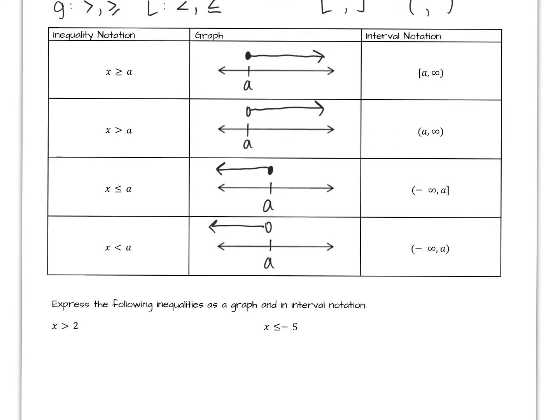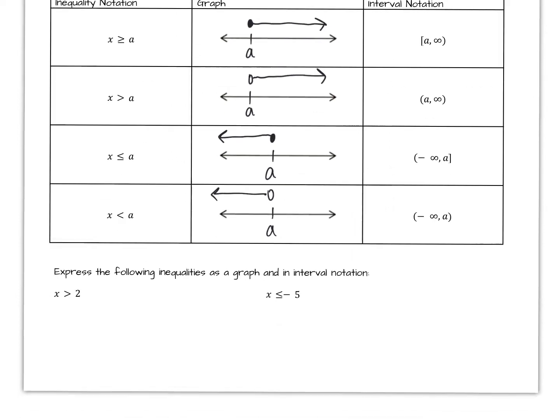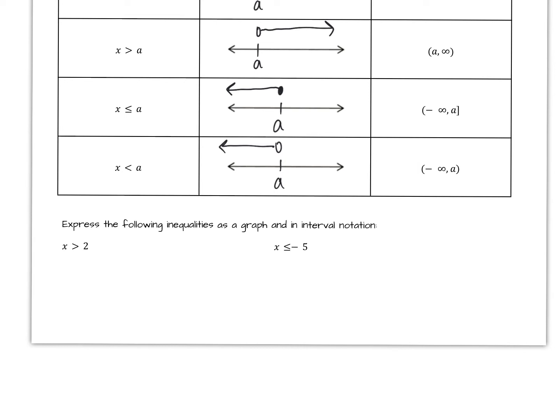We're going to look at a couple examples. We're going to express the following inequalities as a graph and in interval notation, because for some people it's easier to write the interval notation after seeing it graphed. x greater than 2: I'm going to draw a short number line, put 0, 1, 2.